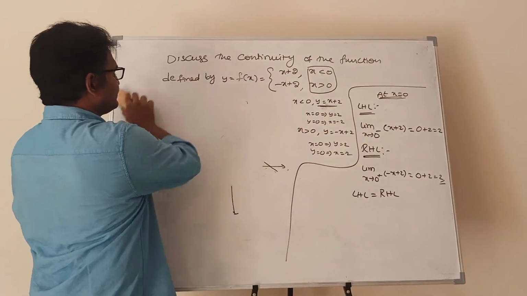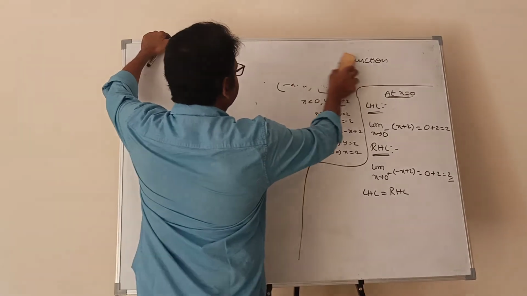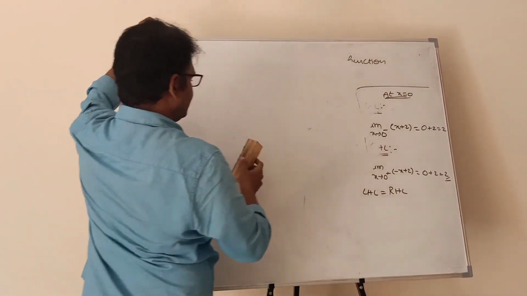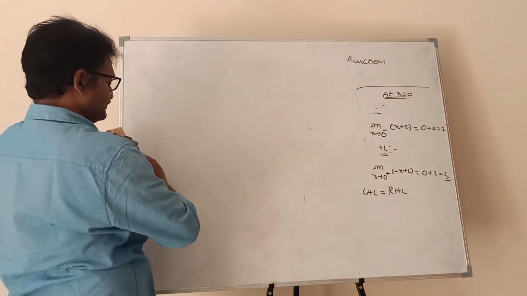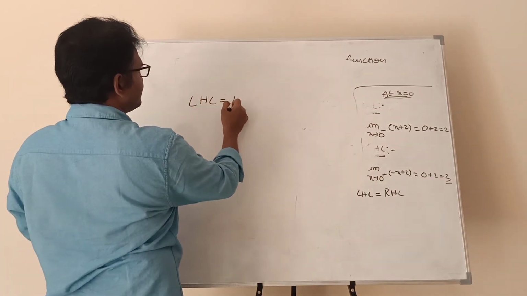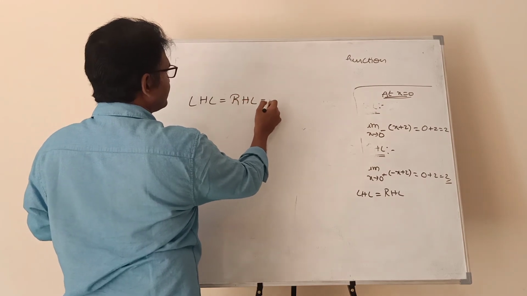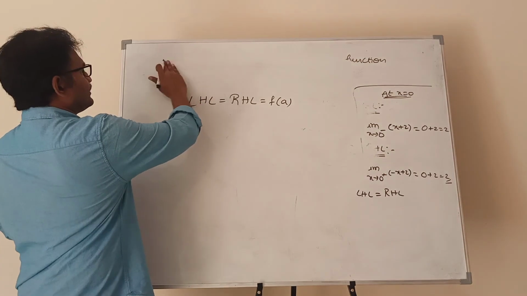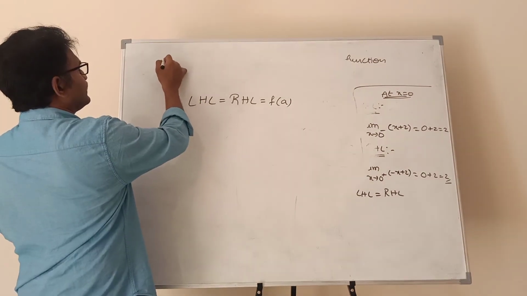Continuity means the left hand limit value is equal to the right hand limit, which is equal to the function value at the particular point.